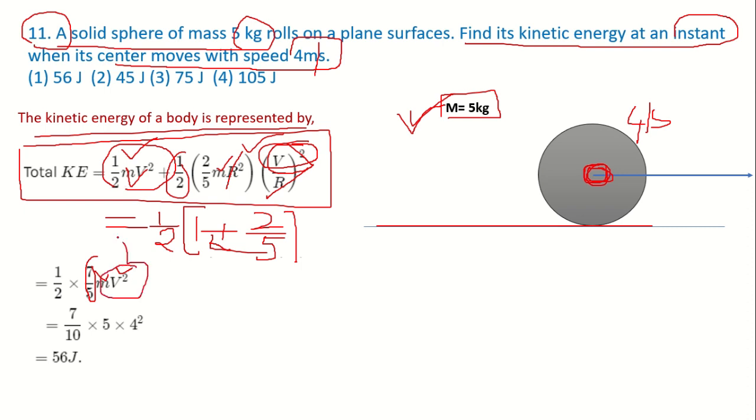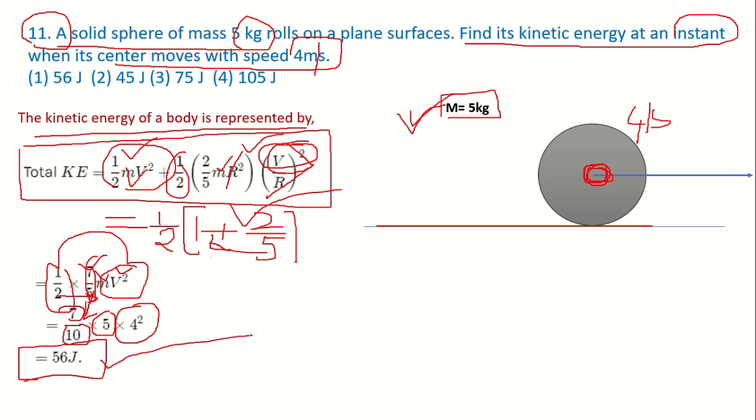So if you substitute the values, 7 by 5 is as it is, and this 2 is multiplied to this 5, it will become 7 upon 10 into mass and v, which are given. After substituting all the values, we will be getting kinetic energy is equal to 56 joules.